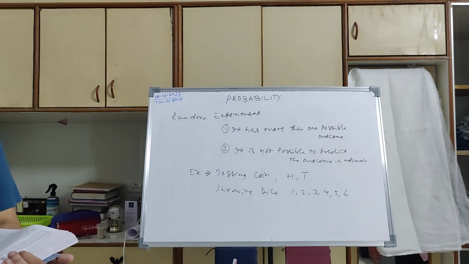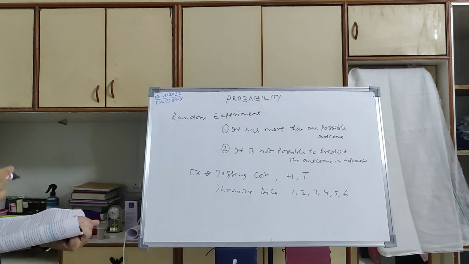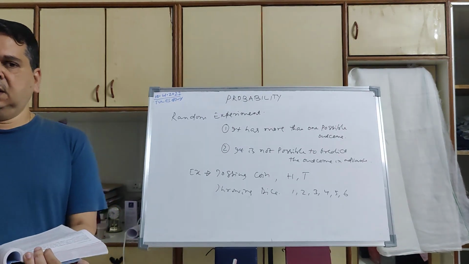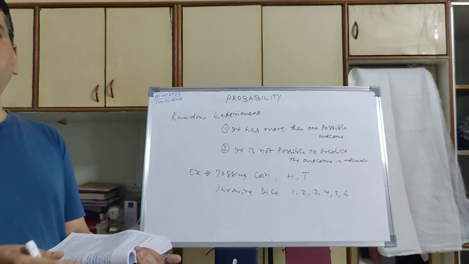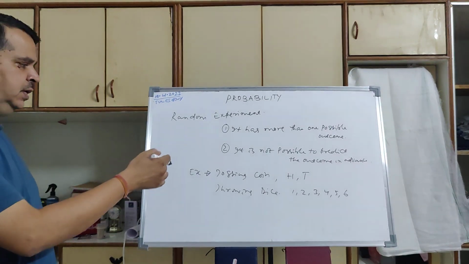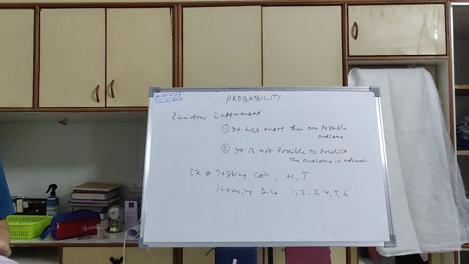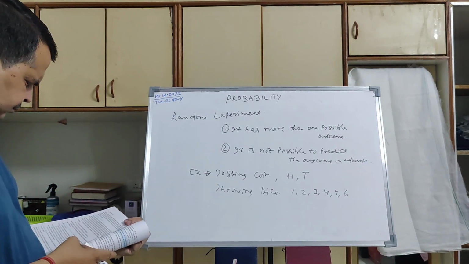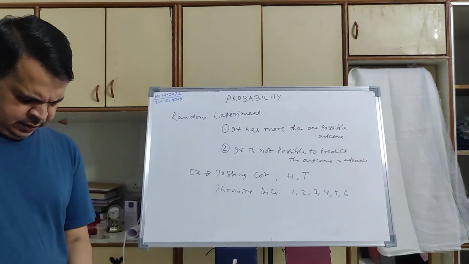It is more than one outcome, and it is not possible to predict. So when these two conditions are satisfied, these examples are random experiments.